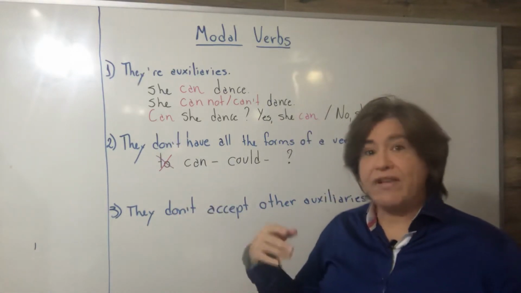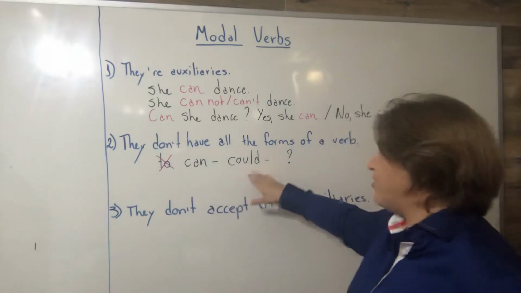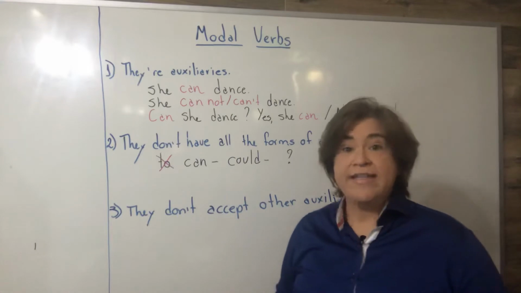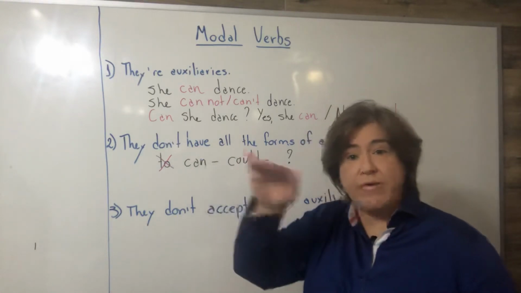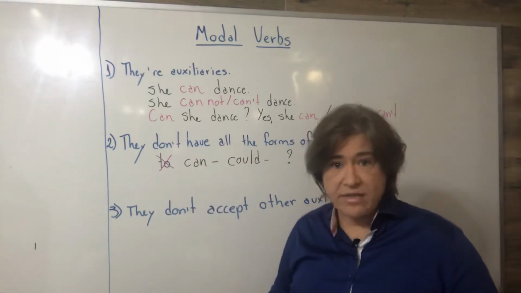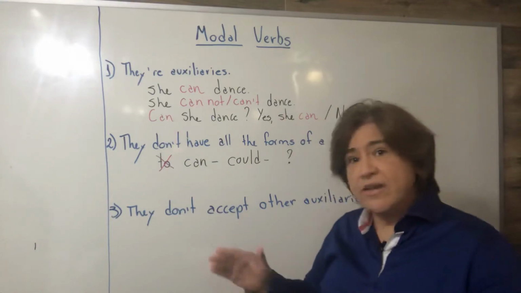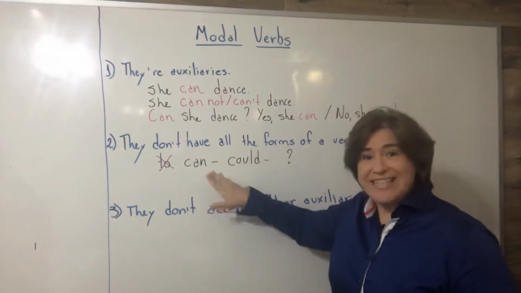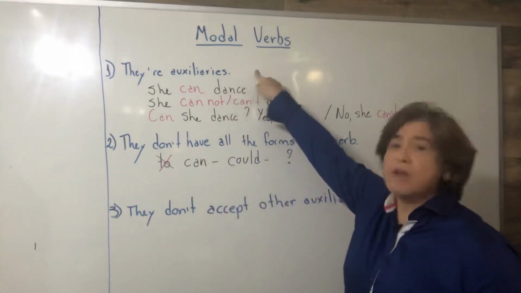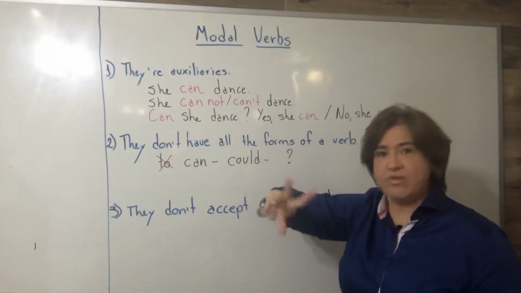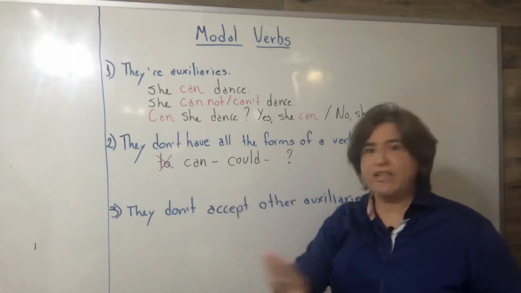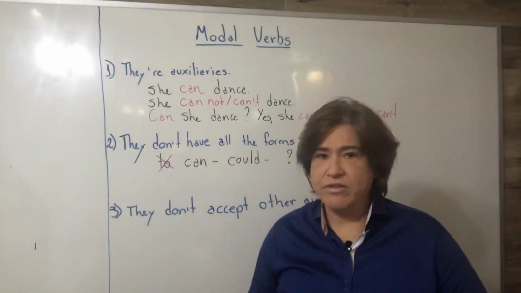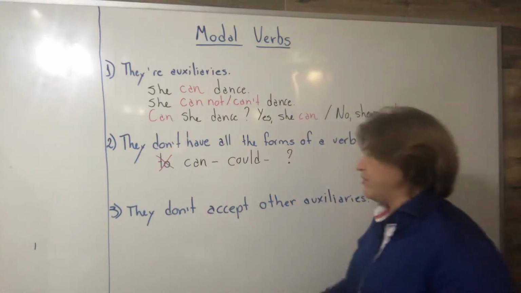They will have a conditional form, so that means they don't have the past form, not even the past participle. That means we have to separate modal verbs in certain categories and study according to these categories, okay? So remember, this is why they are considered modal, because they change so much. They are strange verbs, all right? But very good to use, students. You will see, very good to use.